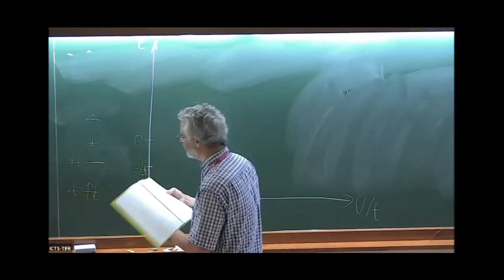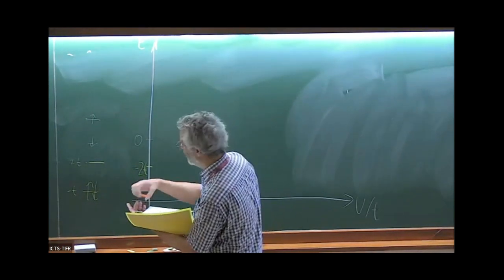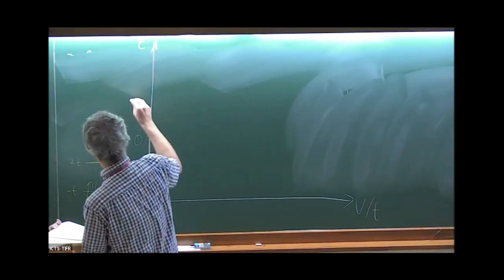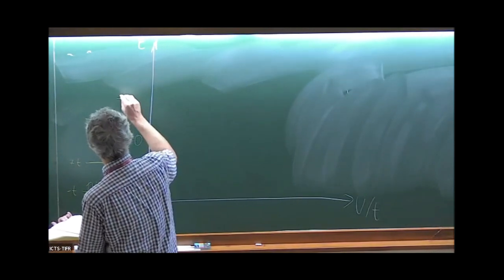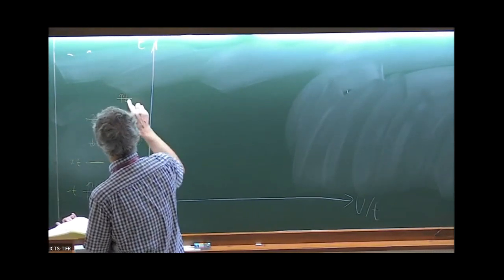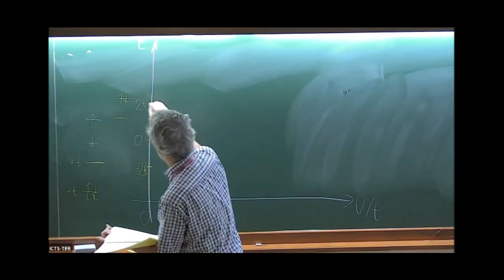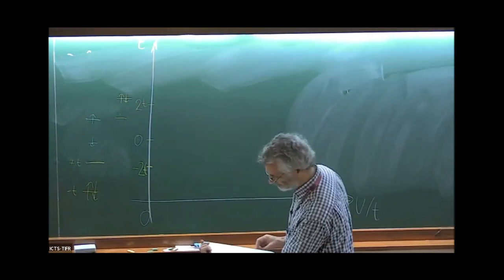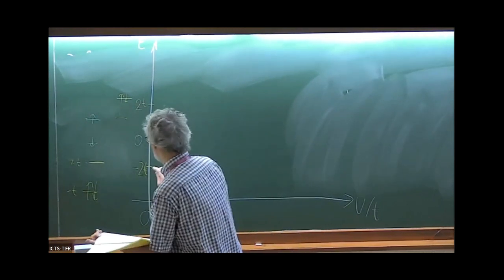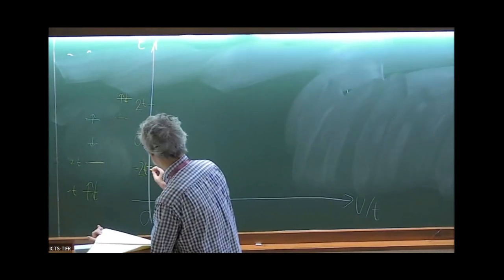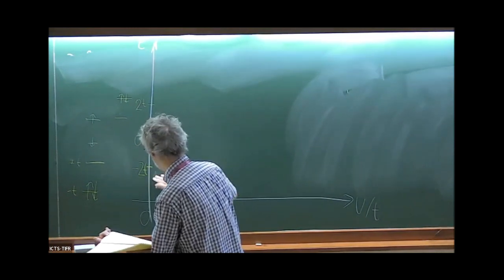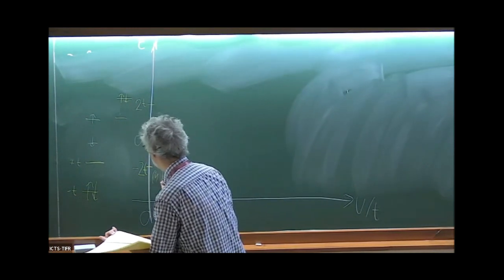Or we can put both electrons onto the antibonding orbital. In that case, the energy will be 2T. There is only one possibility to do this, so this is one-fold degenerate.